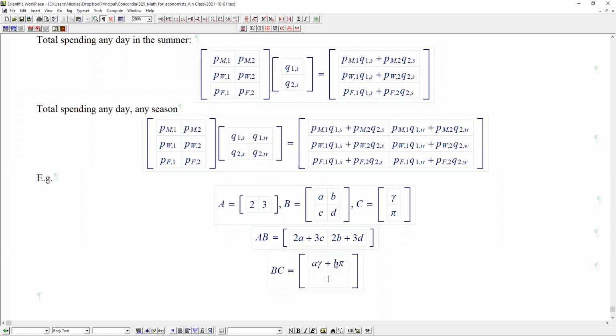And then the second row is C times gamma plus D times pi.